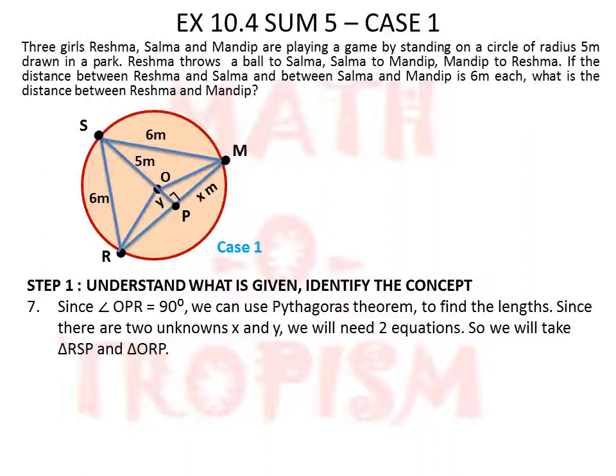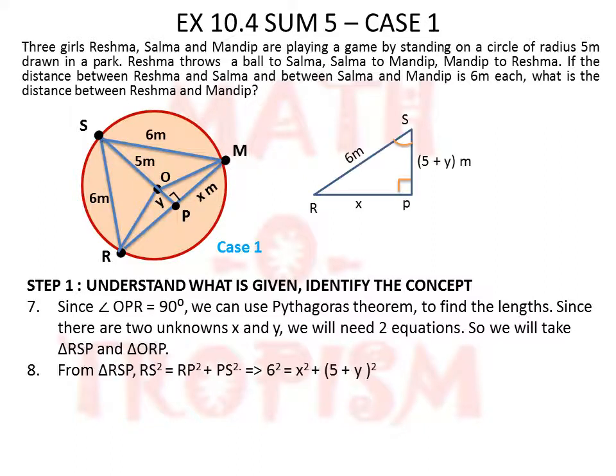Now when I take the triangle RSP, my right angle is at angle P, so SR is my hypotenuse. So RS square is equal to RP square plus PS square. This is nothing but 6 square is equal to x square plus (5 plus y) the whole square.